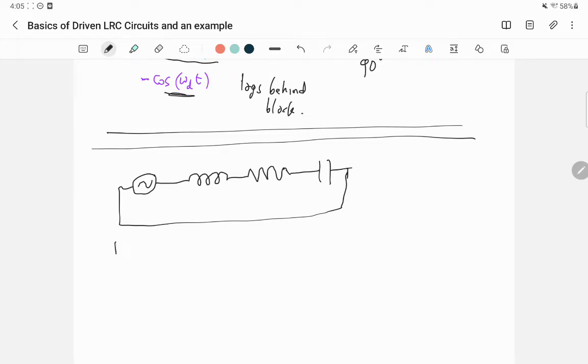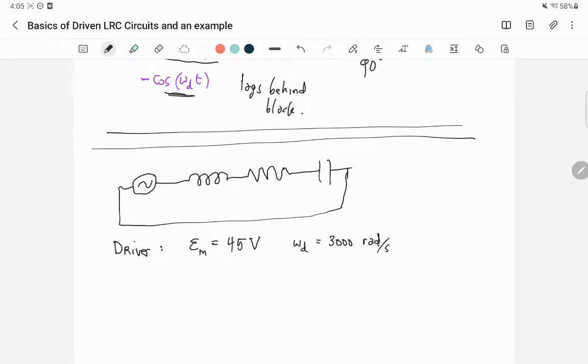Here are some details. So driver details. The driver's got an amplitude of oscillation of 45 volts, so it's quite strong. And the driver frequency, the angular frequency, is 3,000 radians per second, right?